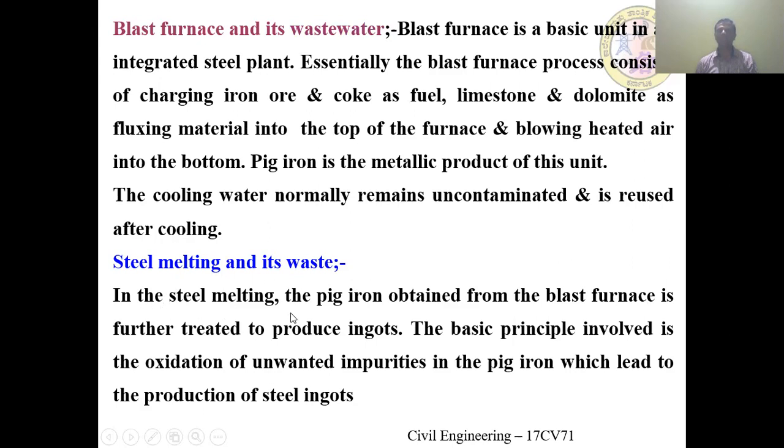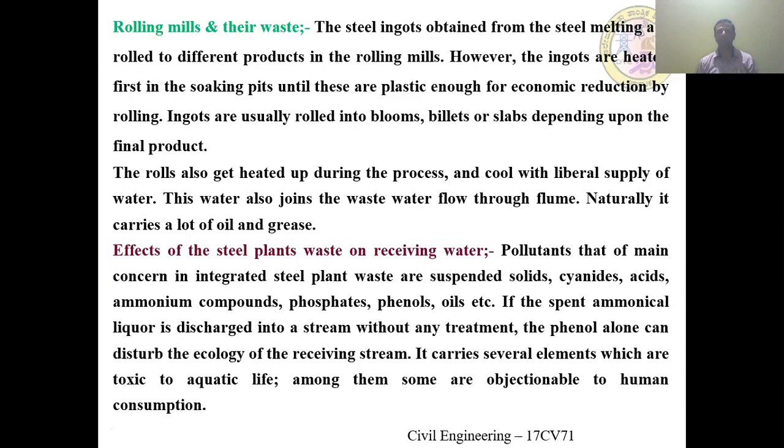And steel melting and its waste. In steel melting, the pig iron obtained from the blast furnace is further treated to produce ingots. The basic principle involved is the oxidation of unwanted impurities in the pig iron, which leads to the production of steel ingots. So here you melt the iron to produce ingots.